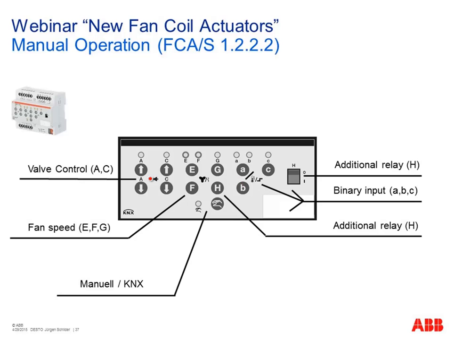Here is an example with 0 to 10 volt valve outputs: opening and closing of valve A with two buttons, the same for valve C, and the LED over there shows opening of the valve. You can operate the fan speed, E, F, G, with the 3 relays, and the 3 binary inputs as well.